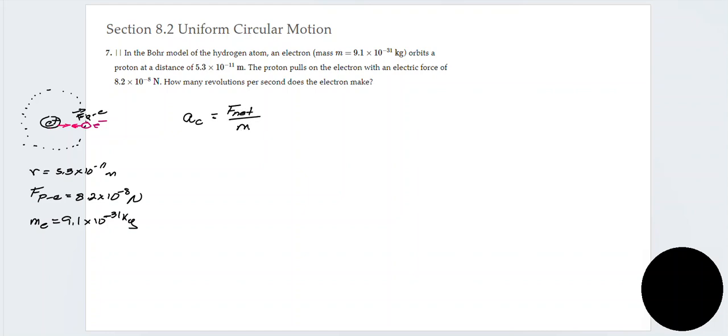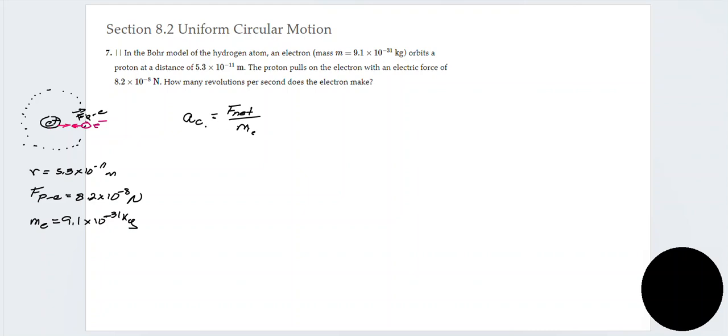In this case, this mass will be the mass of the electron. So we can calculate the centripetal acceleration of this electron using the value of the electric force, that is the only force acting here, so it's the net force, and using the mass of the electron.